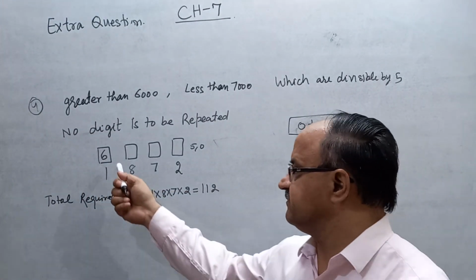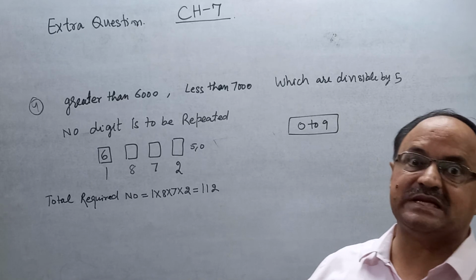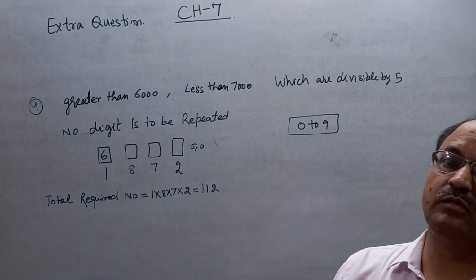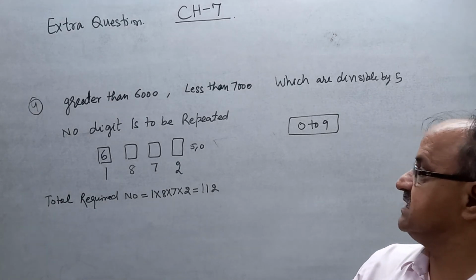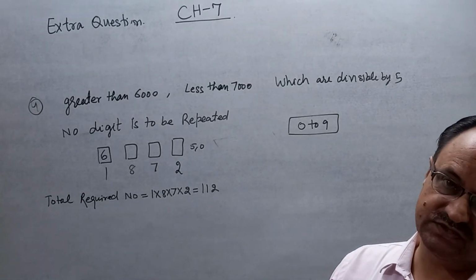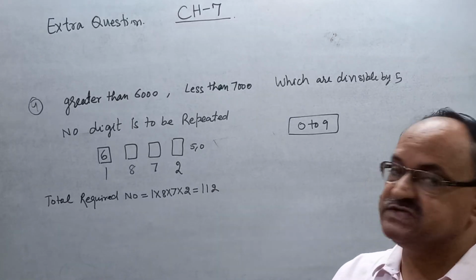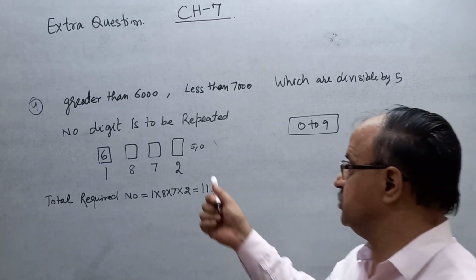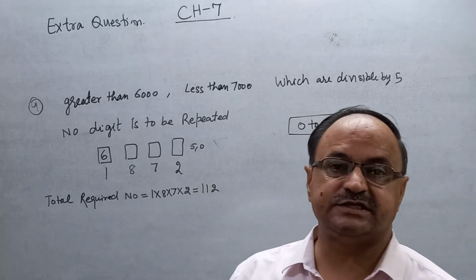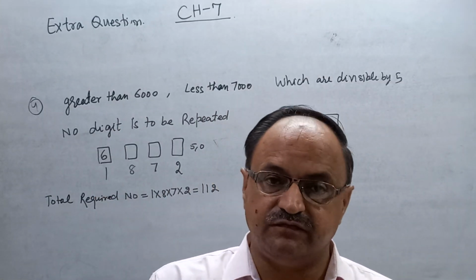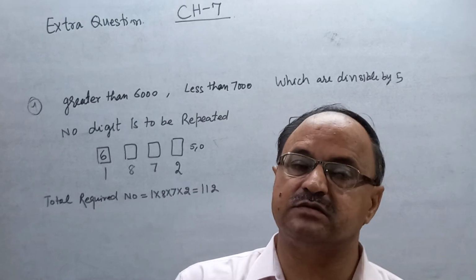The main point: firstly, for the thousand place, we have to fix that number, because the number lies between 6,000 and 7,000, so in the thousand place we can write only 6. Correct? It means one way. In the unit place you can write 0 or 5, because then the number is divisible by 5.